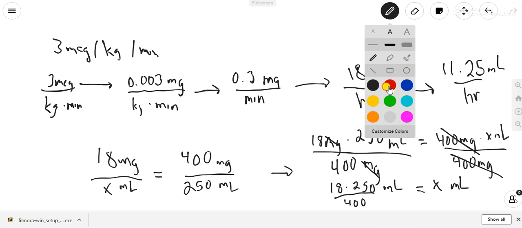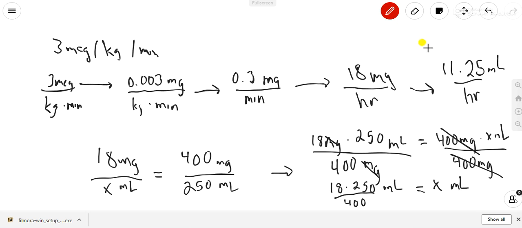I put the answer up here. 18 times 250 over 400 equals 11.25. And so our answer is 11.25 milliliters per hour. And that is our answer. And this is our plan.